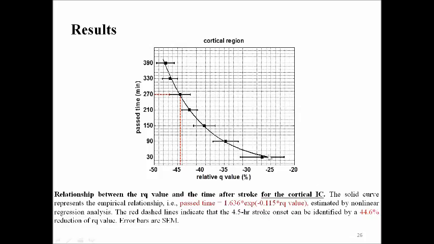This exponential decay of the RL value over time suggested that the RL value in cortical IC can be a potential surrogate marker to determine the stroke onset time at the hyperacute stage. For instance, an RL value reduction smaller than about 44% predicts an acute stroke onset of less than 4.5 hours.